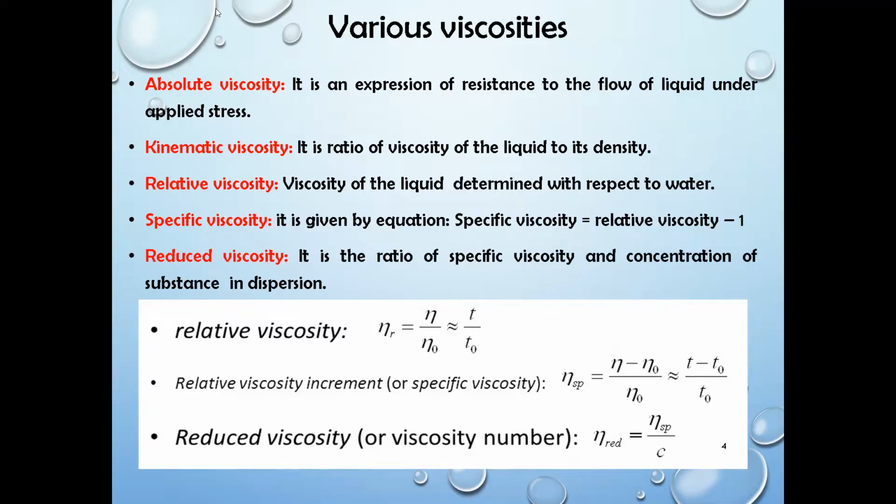So here you can see the formula for relative viscosity, that is eta upon eta 0. Then specific viscosity is relative viscosity minus 1, and reduced viscosity is given by specific viscosity divided by concentration of the substance in dispersion.